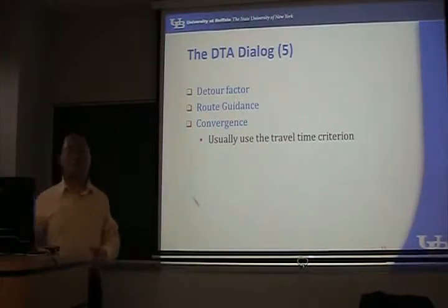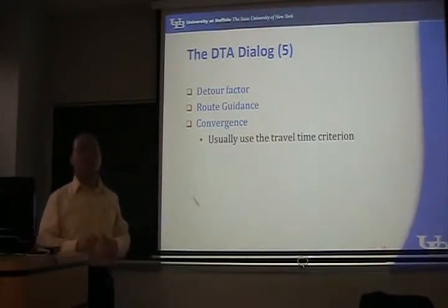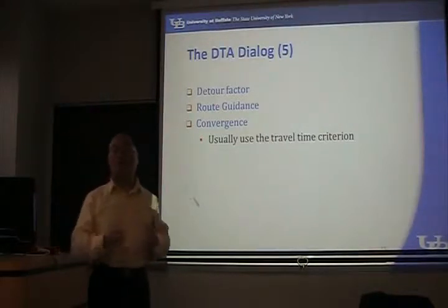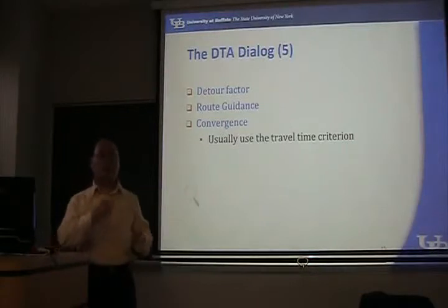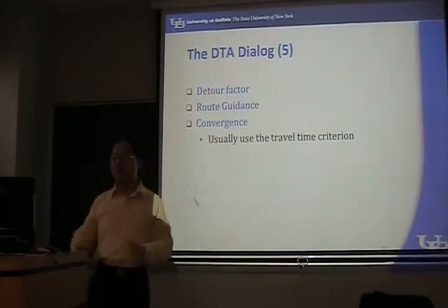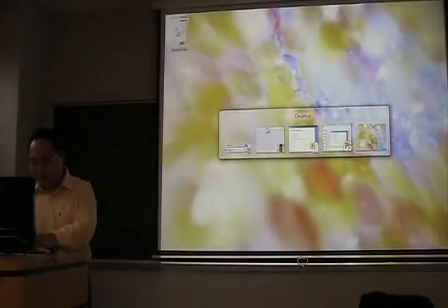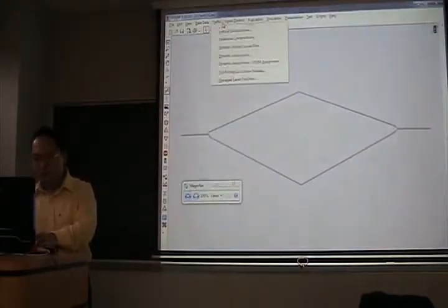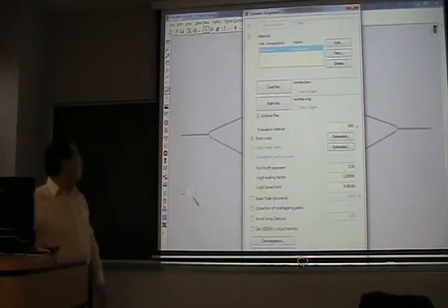The next thing is called convergence. Sometimes, in order to get the user equilibrium, you run the model several times. For example, 100 times. But you want these 100 iterations to stop when it reaches convergence. So if you still open this dialog, here is a button called convergence.